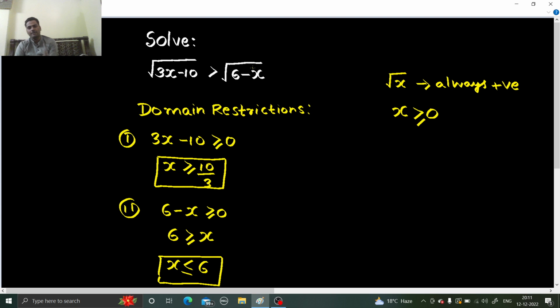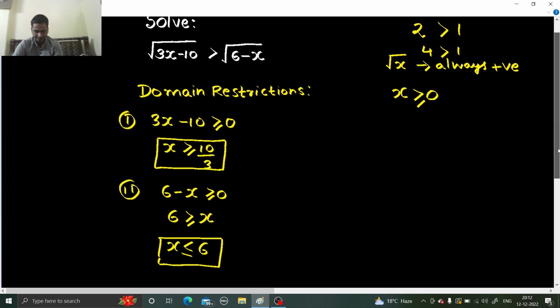So if a positive thing is greater than a positive thing, then on squaring there will be no problem, because on squaring also the LHS will obviously be greater than the RHS. Let's say we have 2 greater than 1. After squaring also 4 is greater than 1 only. Fine. So if both sides are positive quantities, then on squaring we don't have to think much.